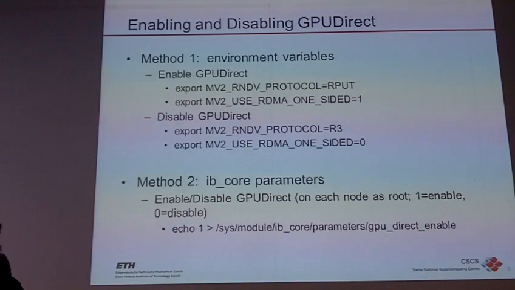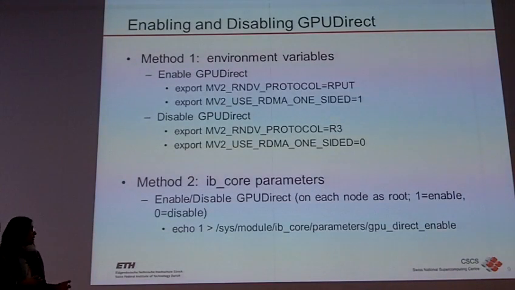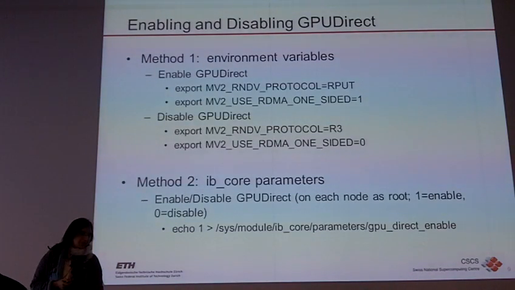So there are different ways to enable or disable GPUDirect. In method 1, of course, you can use an environment variable, but as you will see, it changes your protocol. In method 2, you have to be root, and as with one of the parameters we showed earlier, you can change it and then ensure whether it's disabled or not.